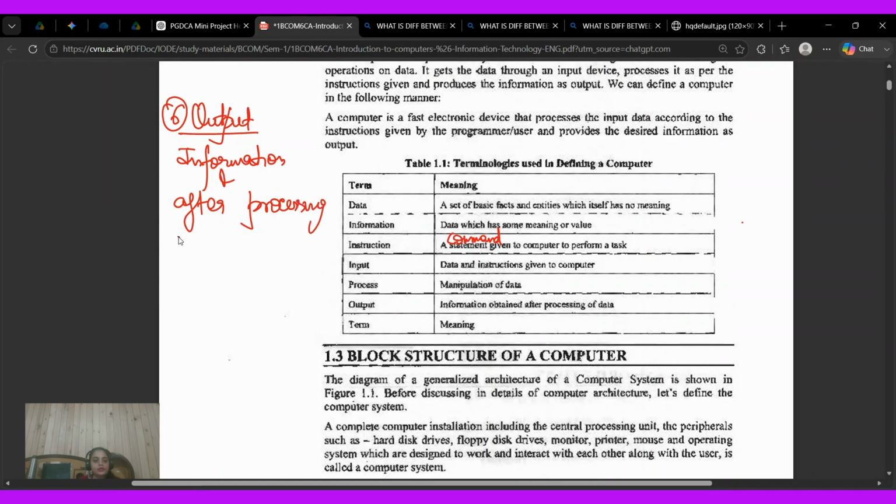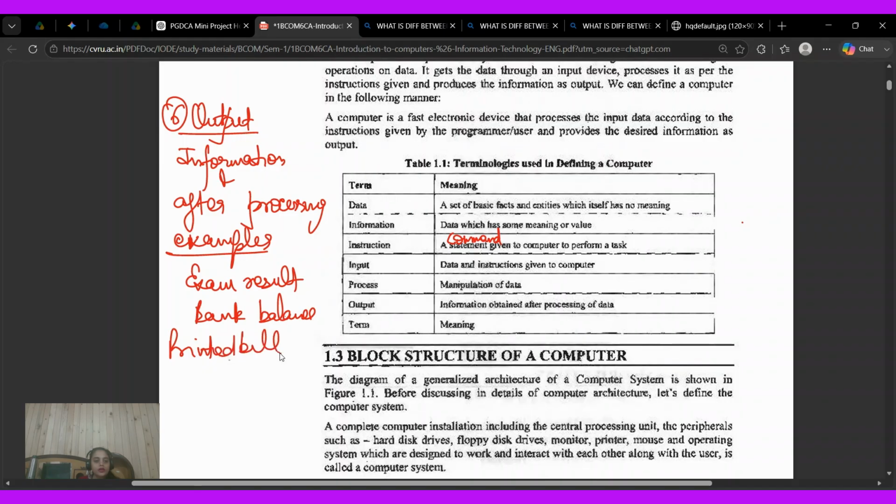See examples: exam result, bank balance, printed bill, receipt. The p is silent.